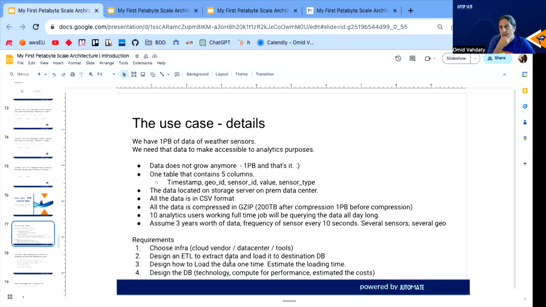In sessions number 2 and 3, we went over several technologies. We discussed Redshift from AWS, we discussed Databricks, and we discussed another technology.